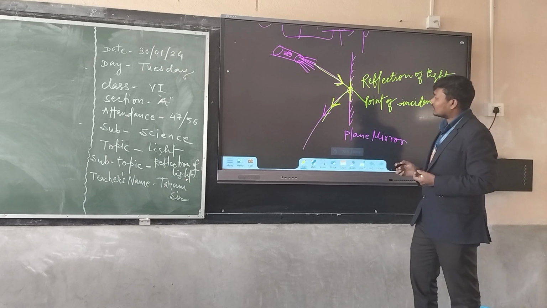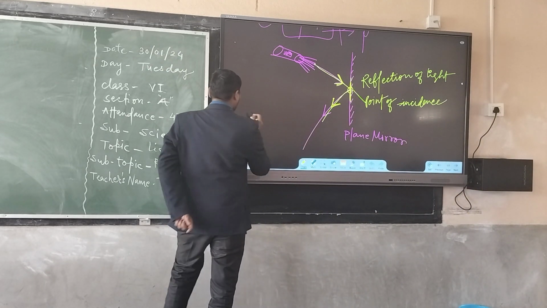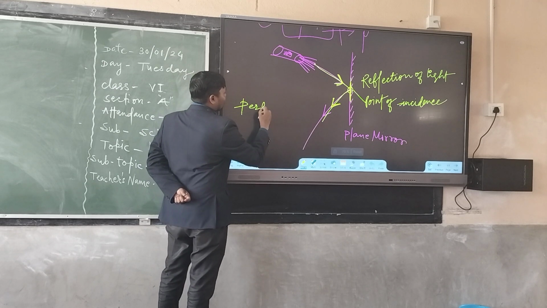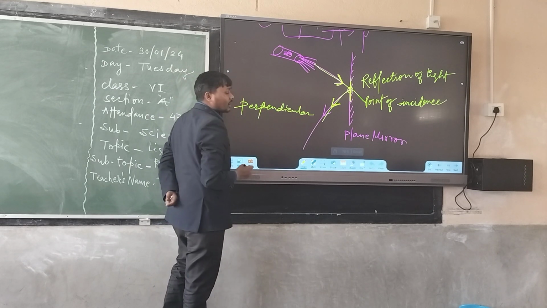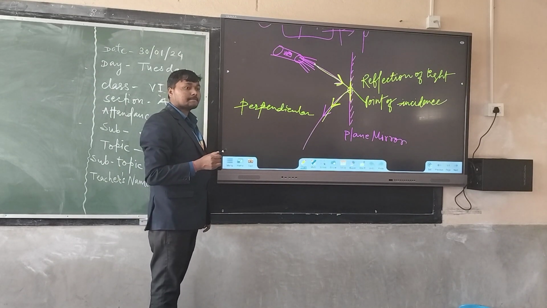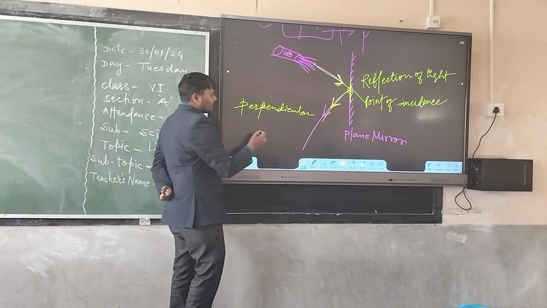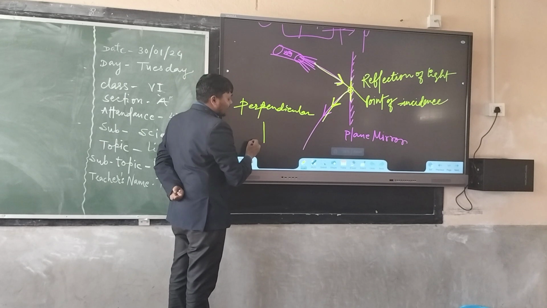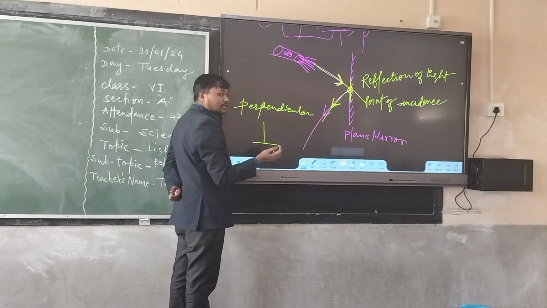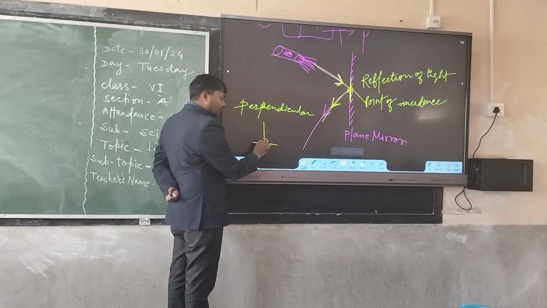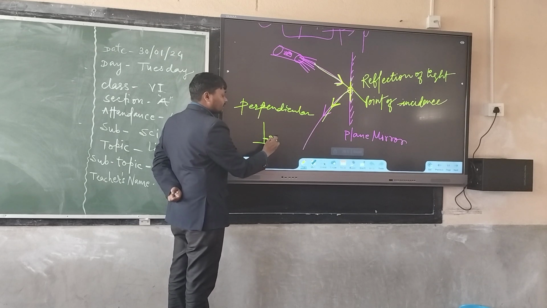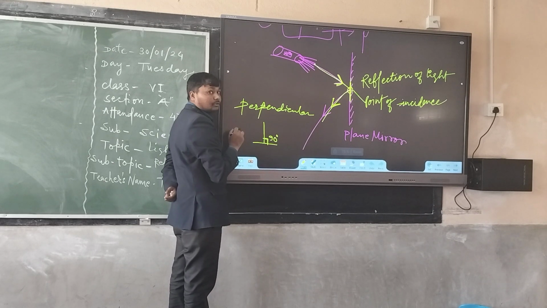In maths, have you heard this word, perpendicular? What does it mean? The line which makes 90 degrees on another surface. These two lines are at 90 degrees to each other, so they are said to be perpendicular to each other.